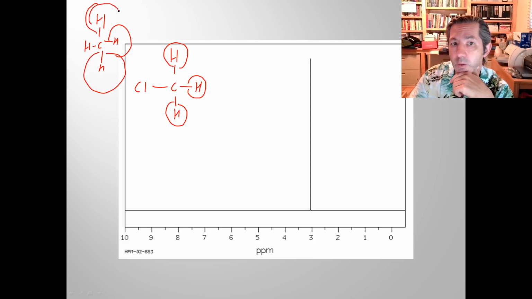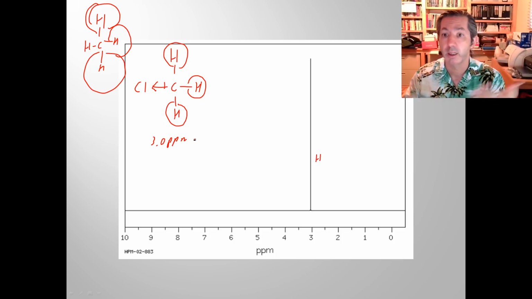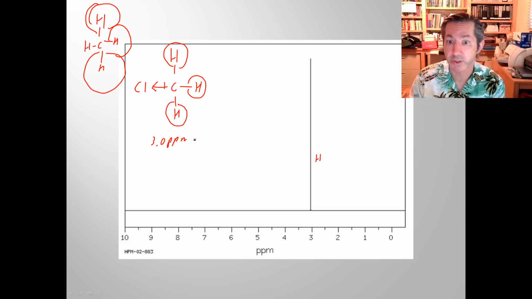Having that chlorine on there de-shielding things, the hydrogens now show up right around 3 parts per million. So an electronegative atom will cause a de-shielding effect. Chlorine is sucking the electron density towards itself, pulling it away from the hydrogen. So the hydrogen signal shifts over, it gets de-shielded. It goes downfield.